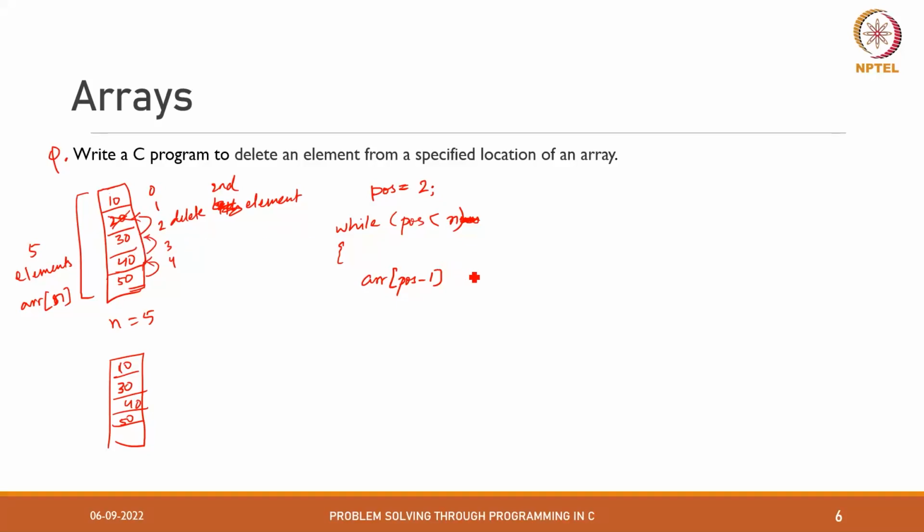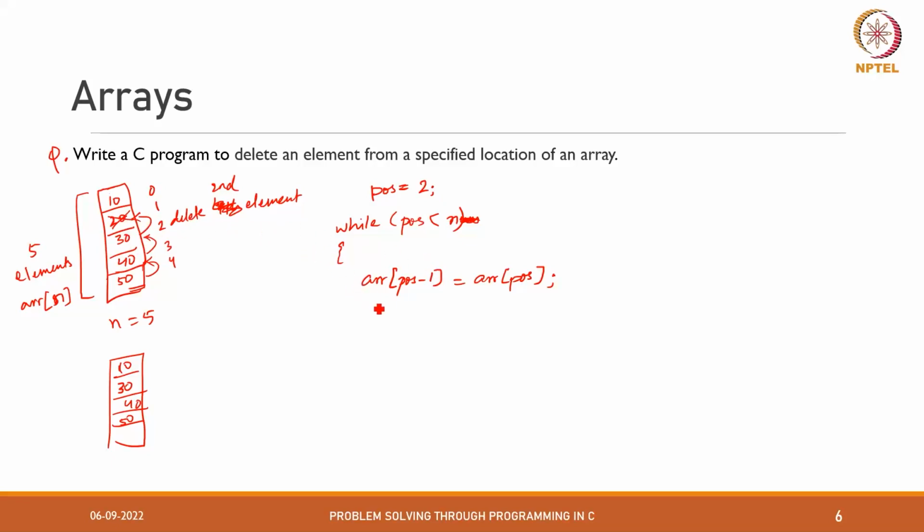Now this place will store the element at ARR of 2. So for the first iteration we are shifting this 30 to index 1. Is this step clear, how it is being done? Basically we are saving the value of 30 here.